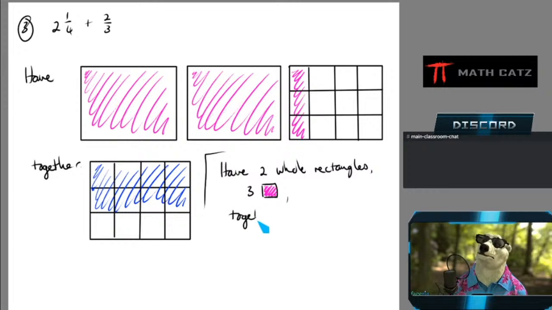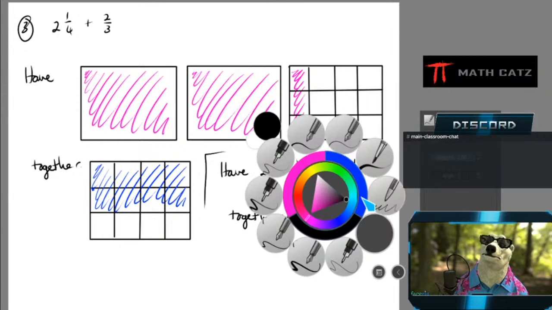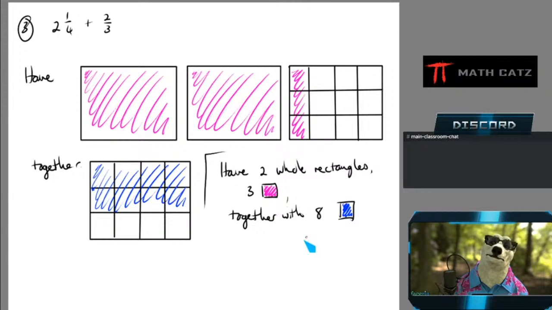And I want to put together with that 1, 2, 3, 4, 5, 6, 7, 8. 8 of the same pieces. They are just blue. But when I put them together, I don't care about color anymore.